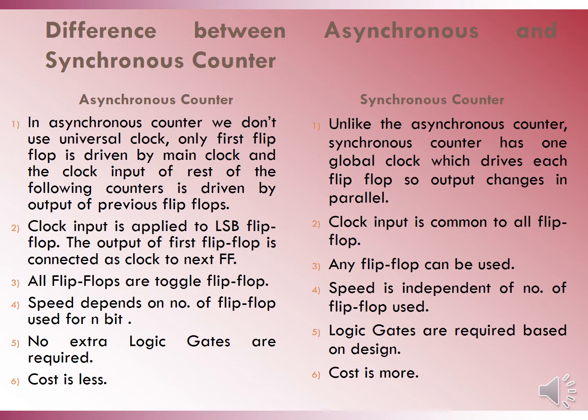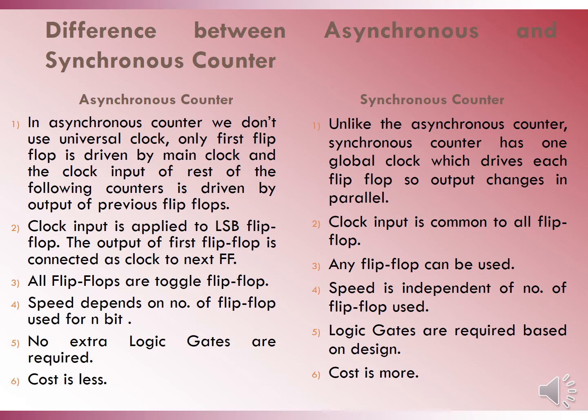Coming to the third point of difference, in asynchronous, we are going to use T flip-flops, and even if other flip-flops are used, they have to be converted into T flip-flop and then used in the design. Whereas in case of synchronous counter, we can use any type of flip-flops. Next, the speed of an asynchronous counter is dependent on the number of bits used for the flip-flop.